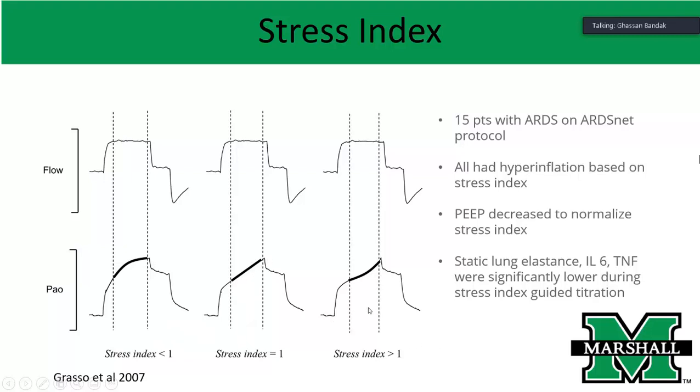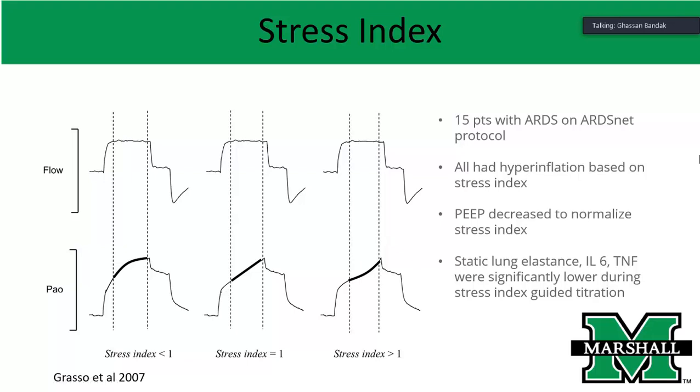If the stress index is above 1, that means that as you're filling the lung with gas and the airway pressure is increasing, it will start to increase disproportionately higher as it's filled more and more. So you're causing more pressure for the amount of gas.